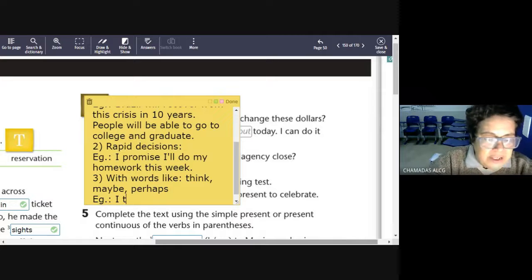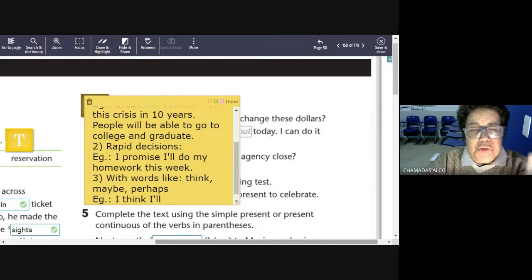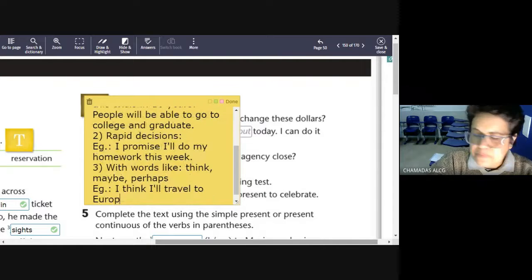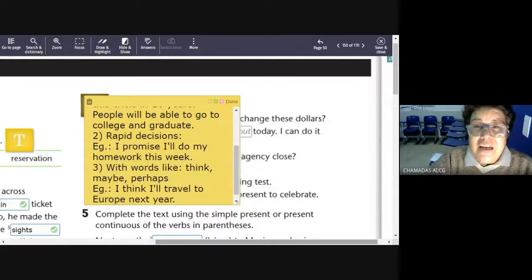So I think I'll travel. When I use apostrophe double L, I'm using the contracted form of will, okay? So instead of saying I will, I'm saying I'll, okay? So I think I'll travel to Europe next year. I don't know yet, but I think, okay?